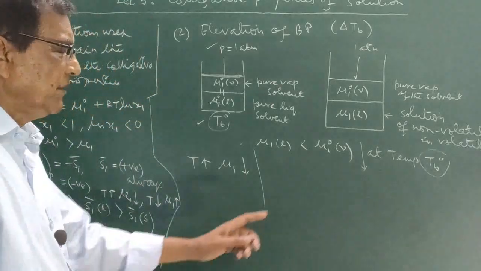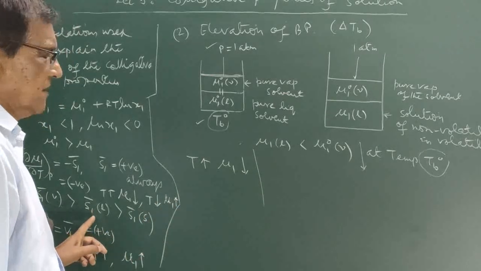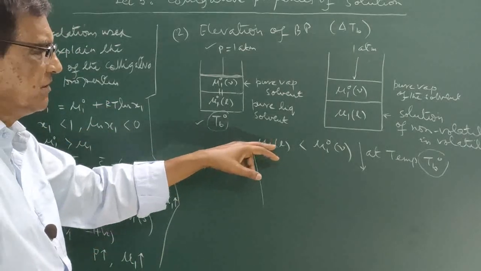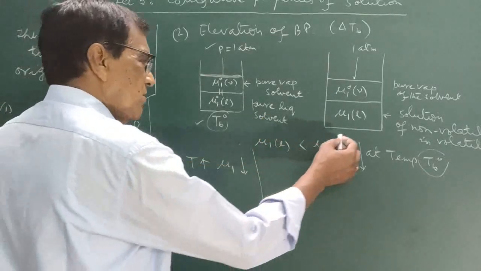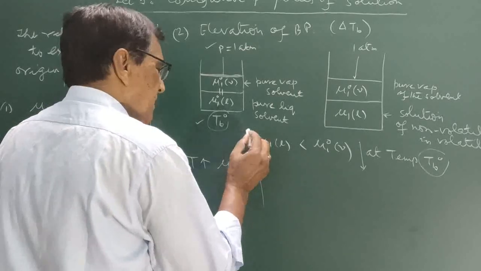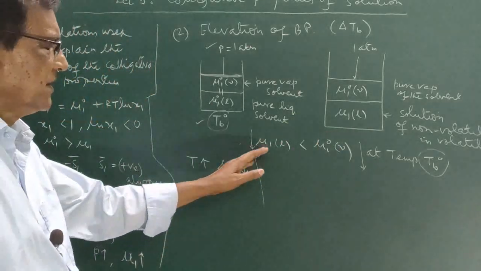But the chemical potential of the vapor phase is decreased more than the chemical potential of the solvent in the liquid phase. So both decrease, but this lowering is much greater than that one.